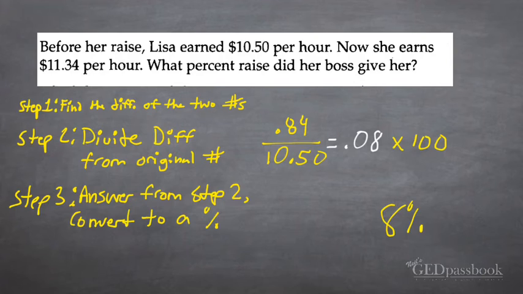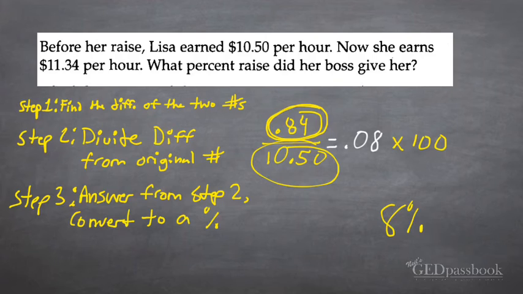How did you get the 0.08? Step number 2, which was dividing the difference between the $10.50 and the $11.34. You divided it by the original number, and always the original number. You divide it by what she started off with, which was 1050, right?